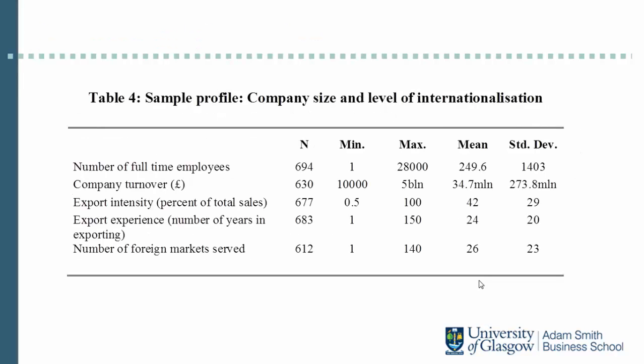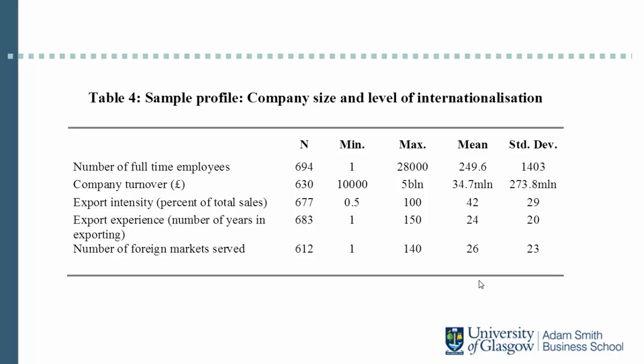Here is another table from my thesis. This time the table summarizes information about my units of analysis, exporting firms. I have provided several indicators describing the exporters, such as number of full-time employees, company turnover, export intensity, export experience, and the number of foreign markets served.